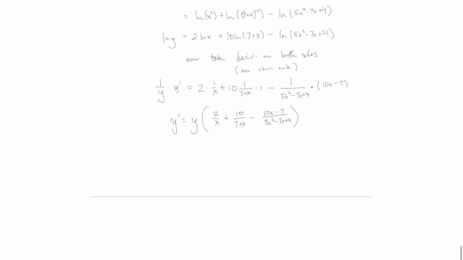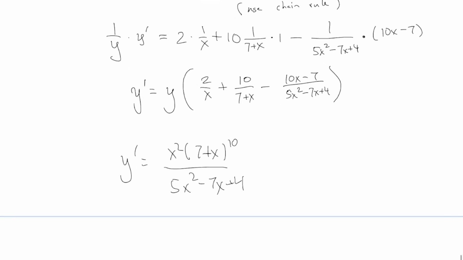So this is my final answer. y is all that stuff that we began with at the very beginning: x squared times 7 plus x to the 10 over 5x squared minus 7x plus 4. And then times this stuff: 2 over x, plus 10 over 7 plus x, minus 10x minus 7 over 5x squared minus 7x plus 4. Like that. All right. This is my final answer.